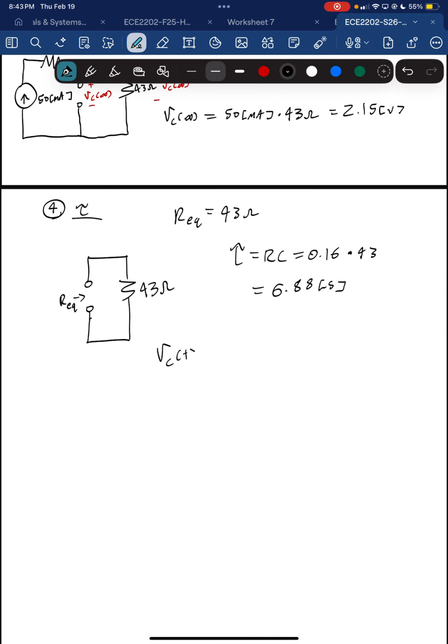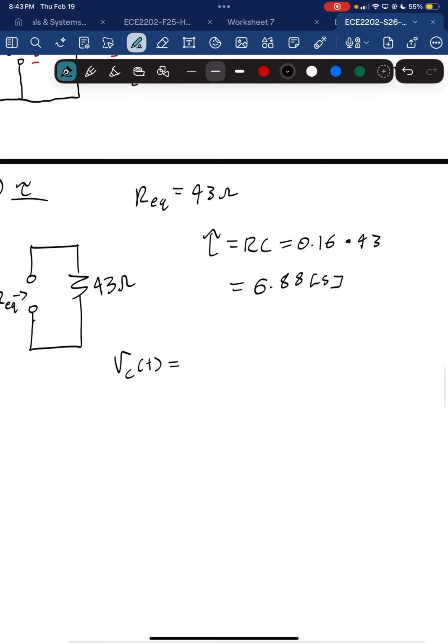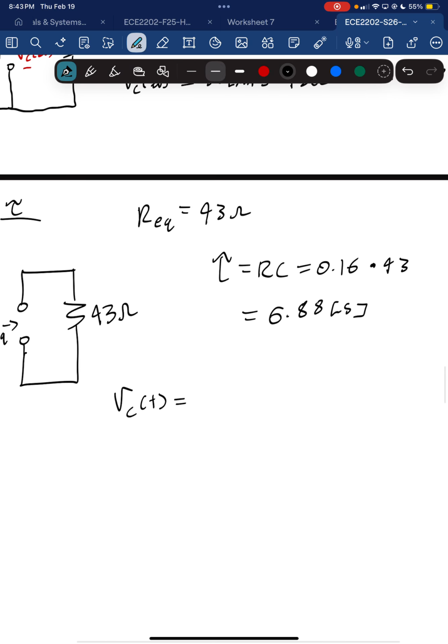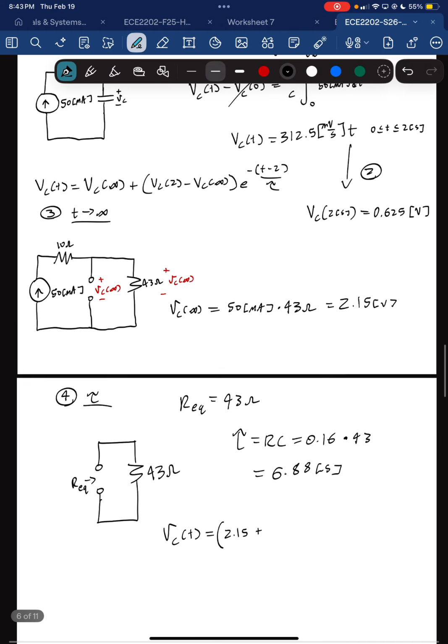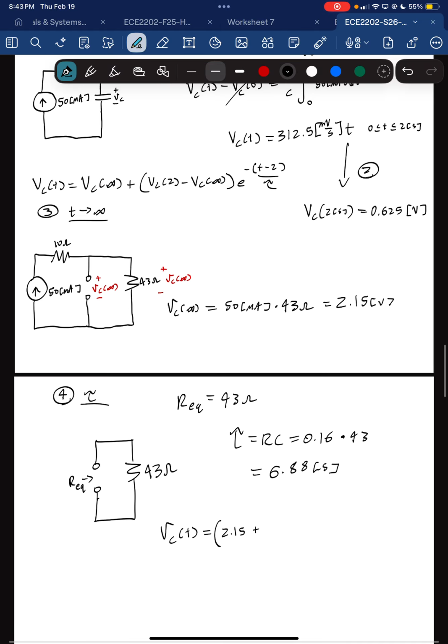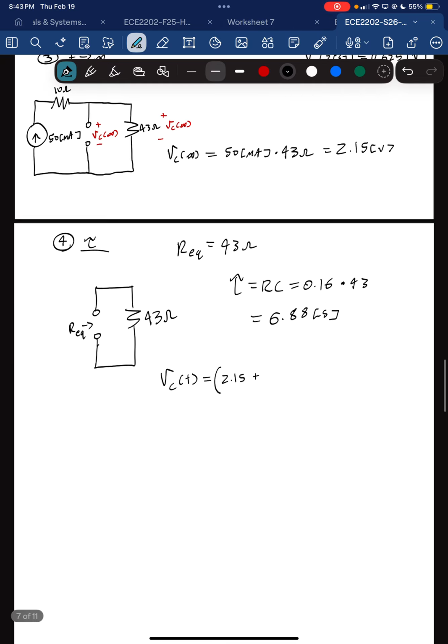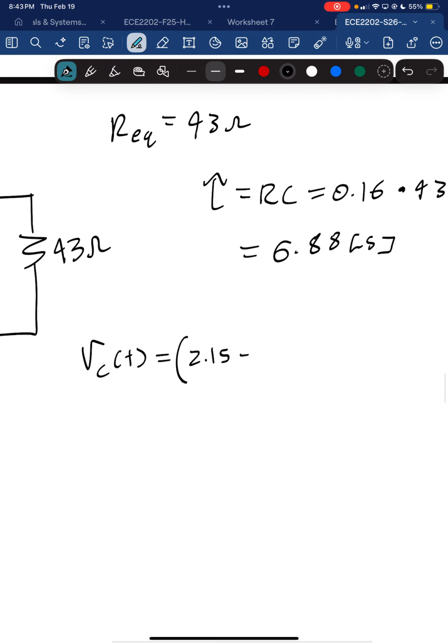So putting it all together, VC of t is 2.15 plus the initial condition, 0.625, minus the final condition, 2.15, which gives you minus 1.525 e to the negative t over 6.88 seconds.